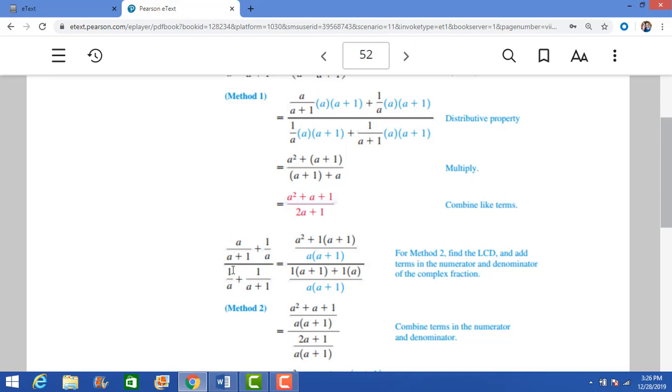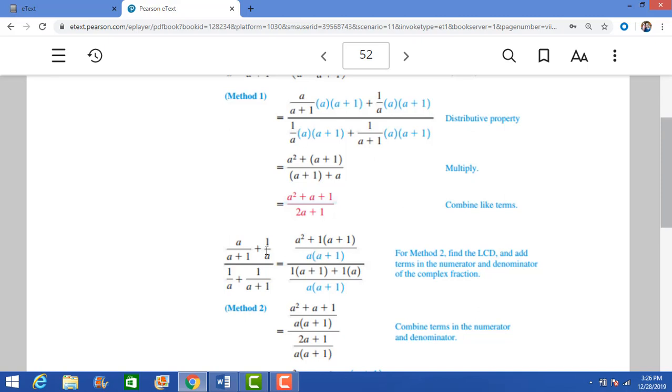We get a lowest common denominator on the top again. So we multiply the top and the bottom by what we need to get the least common denominator.